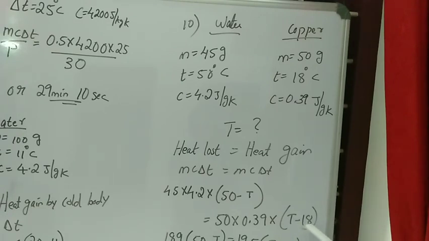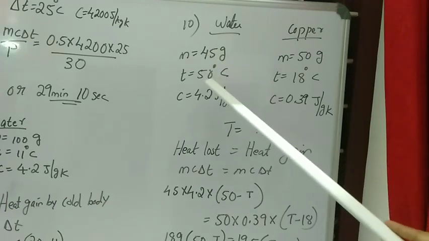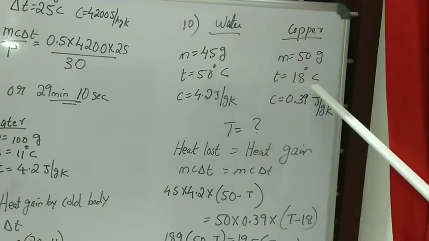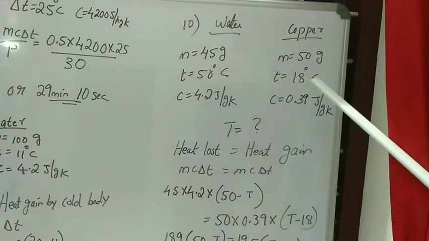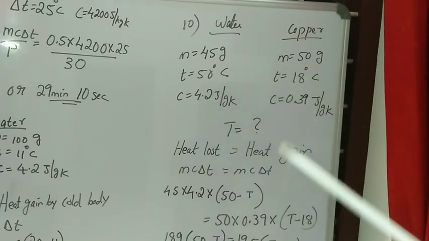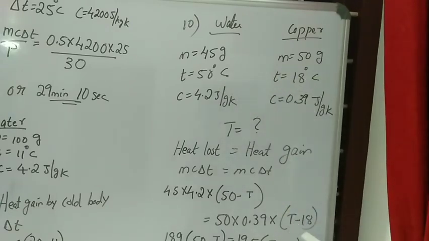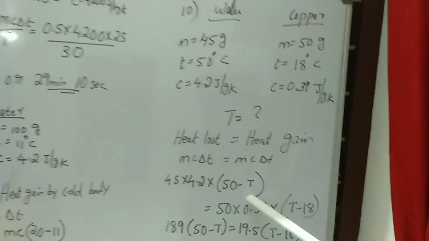Anyhow, the final temperature will be greater than 18. That means the final temperature will be between 50 and 18, below 50 and greater than 18. So we have to take T minus 18. First we took 50 minus T.